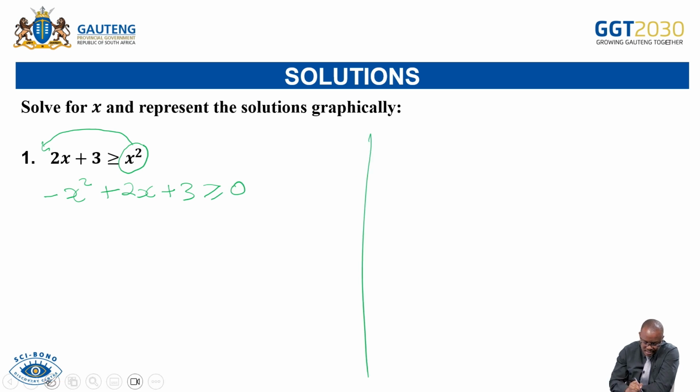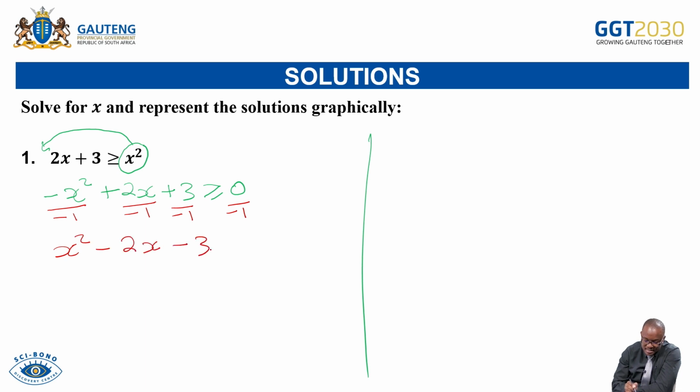Then what we do here, if you want to make sure that the leading coefficient is positive, then we'll divide everything by negative 1. Then we are going to have x squared minus 2x minus 3 is less than or equal to 0.